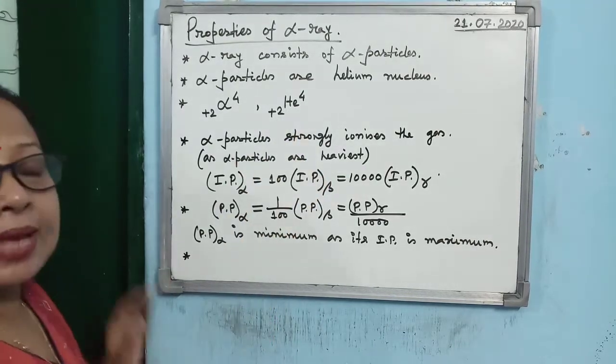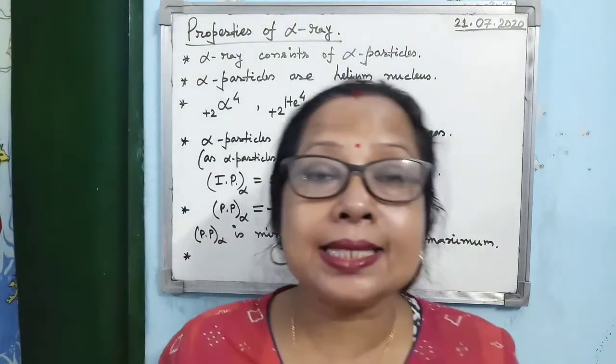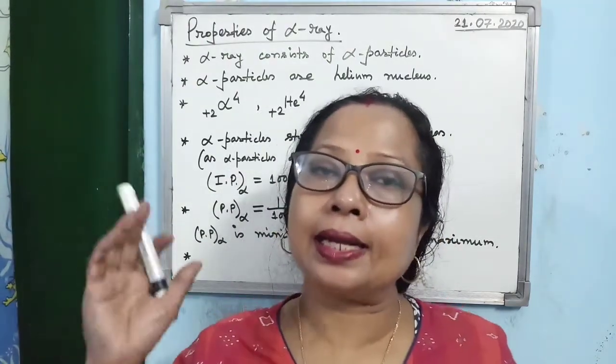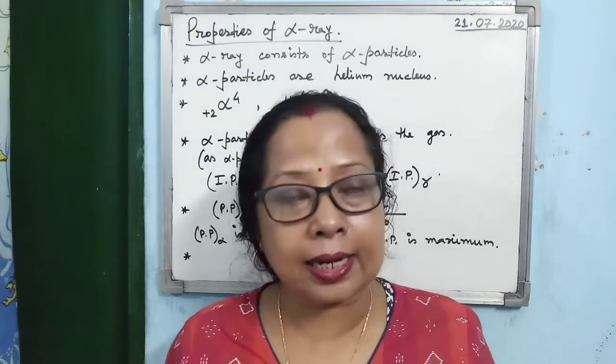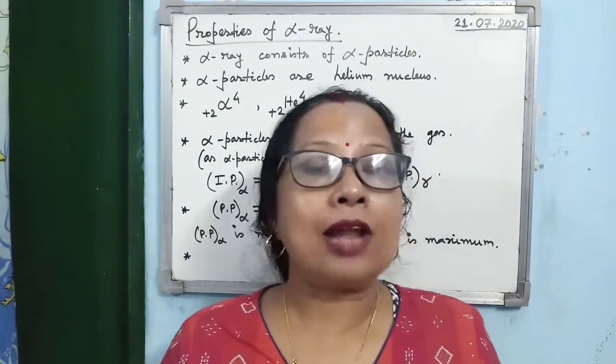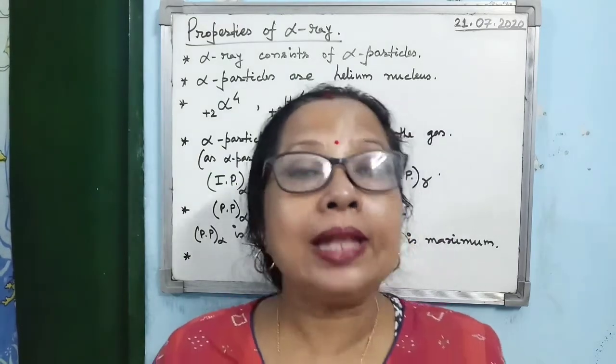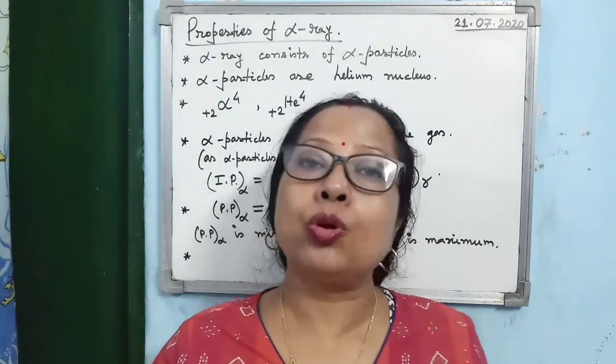Okay. Now, alpha particles, as they are having 2 protons and 2 neutrons, out of alpha, beta and gamma, when I discuss beta and gamma, it will be more clear to you, alpha particles are the heaviest particle. So, what happens when the alpha particle passes through any gas?